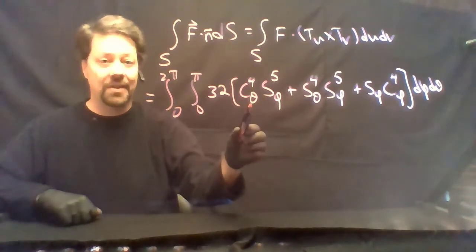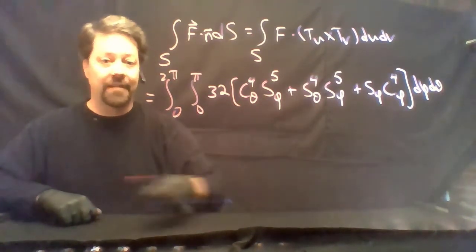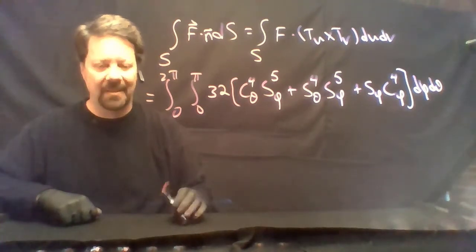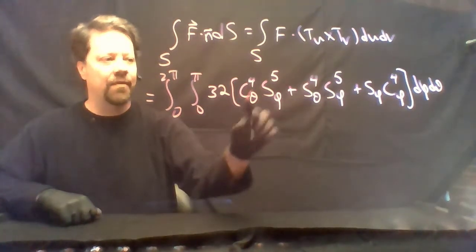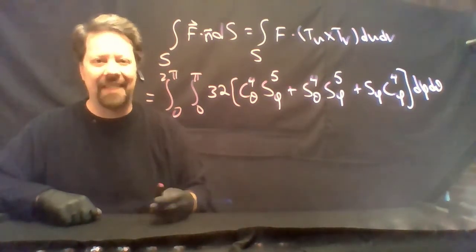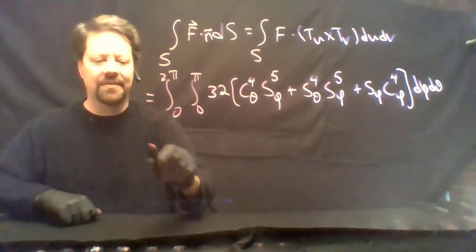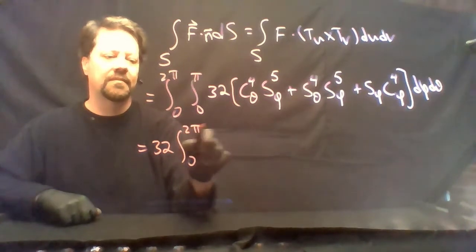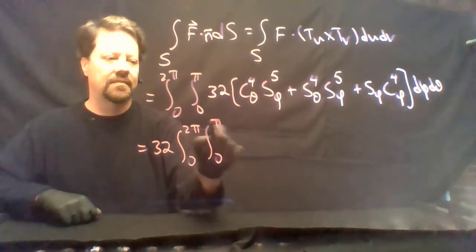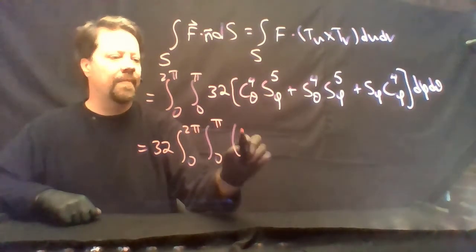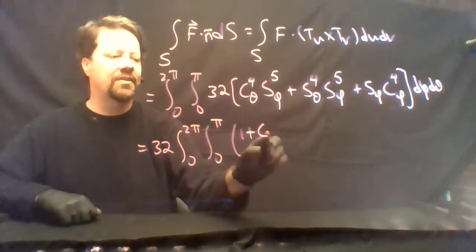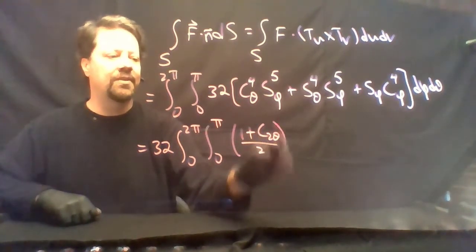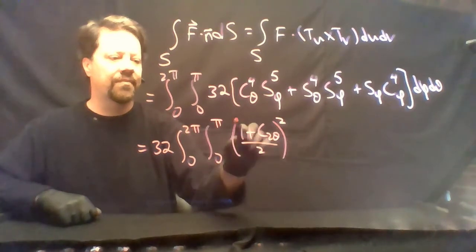Well, we have cosine to the 4th theta plus sine to the 4th theta, which is not 1. In order to calculate these 4th powers, you need to use a half-angle identity. Let's bring this 32 out. We'll have (1 plus cosine 2 theta over 2) squared.